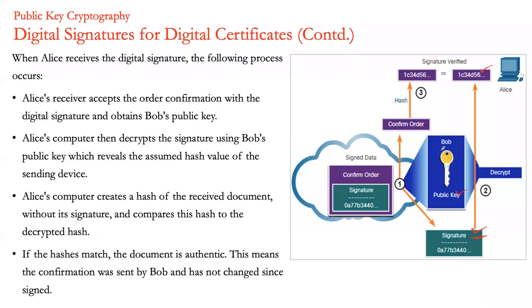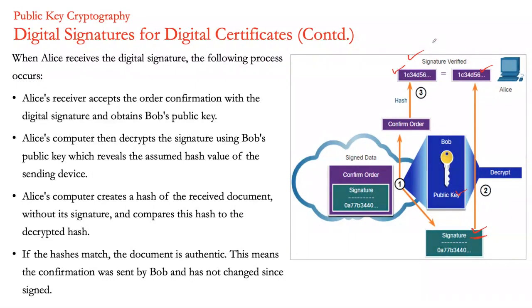Now the confirmation order is given as an input to the same hash function used by Bob. It will generate one digest. If the signed digest and the digest from the plain text are matching, then Alice says that this order came from the authenticated user Bob itself.